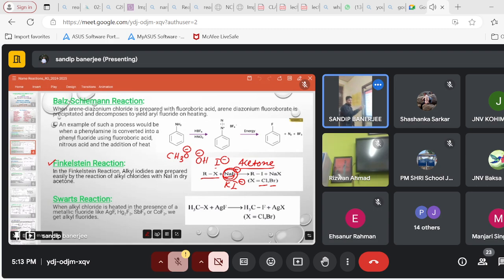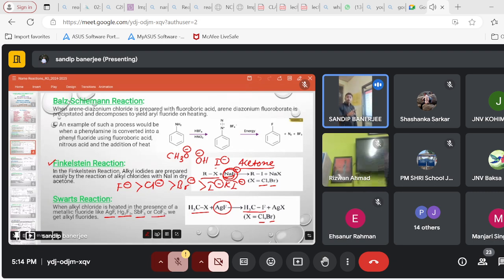Now, the next one is the Swarts reaction. As I already told you, the nucleophilicity order follows F minus greater than Cl minus greater than Br minus greater than I minus. So for the formation of any alkyl fluoride from any alkyl halide, that is chloro or bromo, there is no requirement of an ionic halide. That's why you use metallic fluorides, that is silver fluoride, mercurous fluoride, antimony fluoride, or cobalt fluoride.